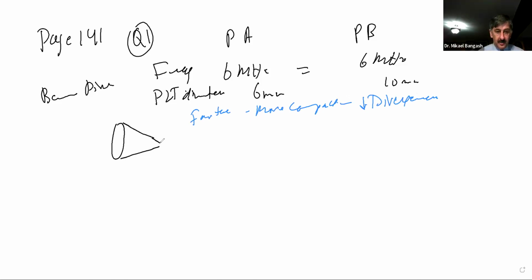So of these two waves here, this one here is going to be more compact, where we can say this one here is going to be less compact, of course in the far zone. Did that make sense?